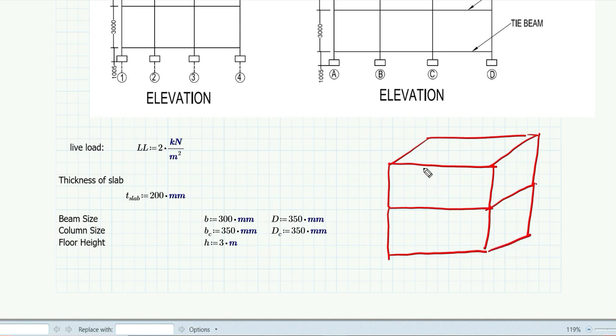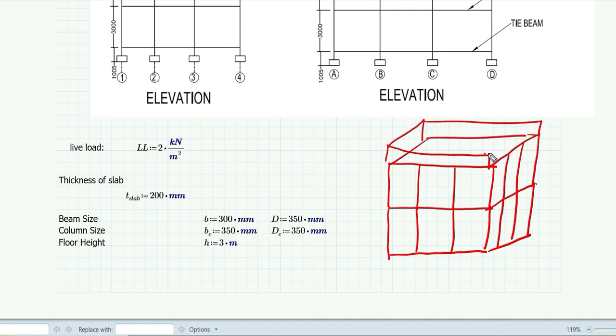So we have a total of four columns on this side as well as four columns on that side, something like this. And we have a parapet wall. Parapet walls are provided for safety purposes. Suppose this parapet wall height is 1 meter and the height of each floor is 3 meter.